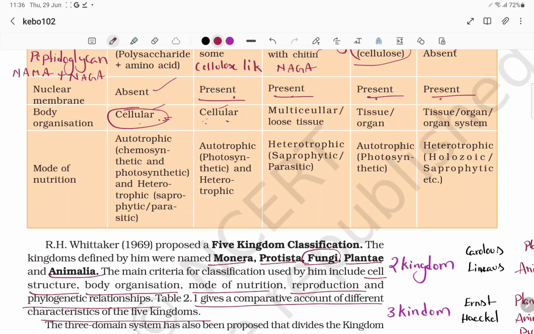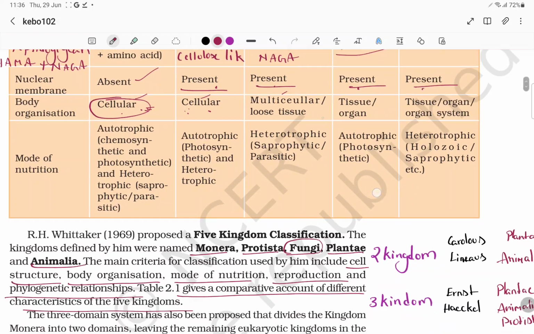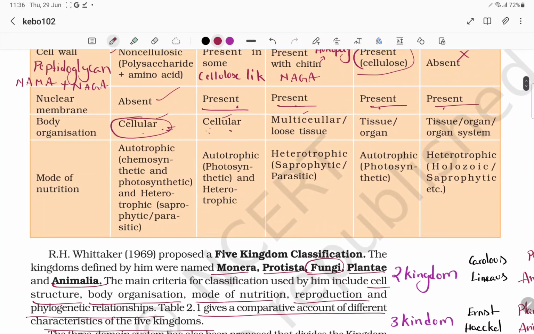We call this the subcellular level because it consists of unicells, only single cells. And we have the multicellular here, but loose tissue. So here we start with the tissue level of organization. And here we have tissue and organ. Here we have tissue, organ, organ system.